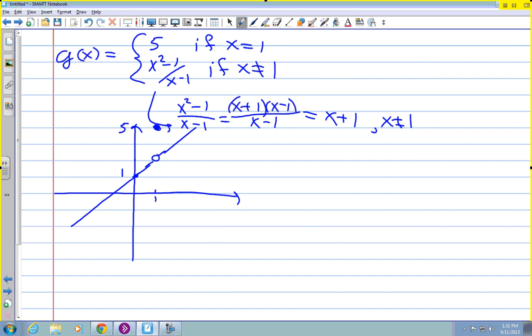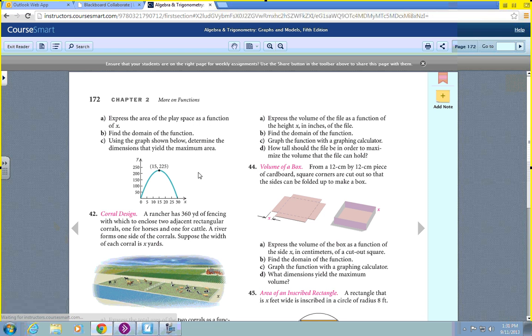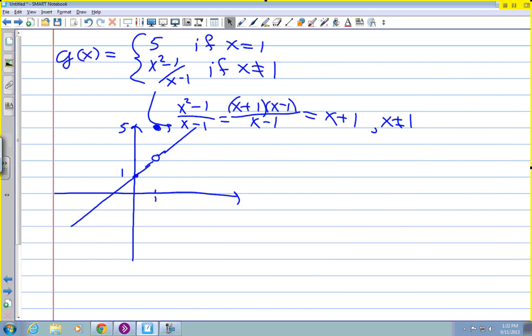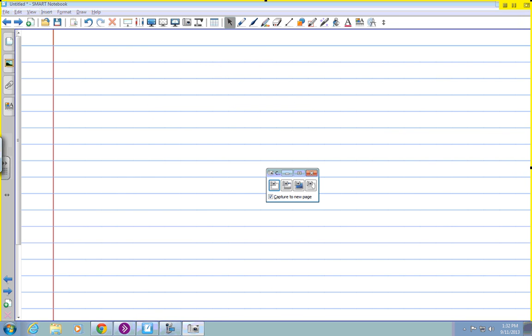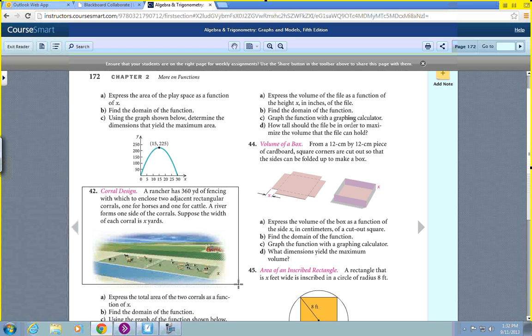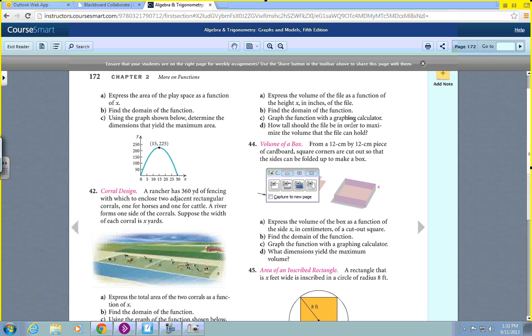Okay, let's try a little word problem. I wanted to do number 44, or maybe 42 as well. Let's do 42.